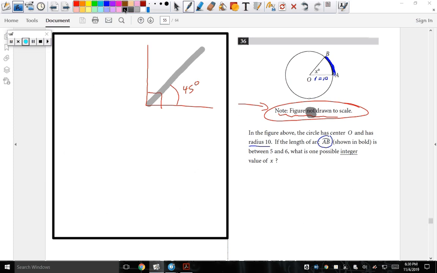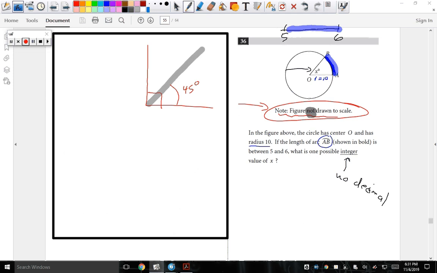So this is like between 5 and 6. That's how long this arc is right here. Okay, and it can be 5 inches, 6 inches, it doesn't matter, it's 5 and 6, or 5 feet. What is a possible integer value? So we want a whole number, no decimal, for x.